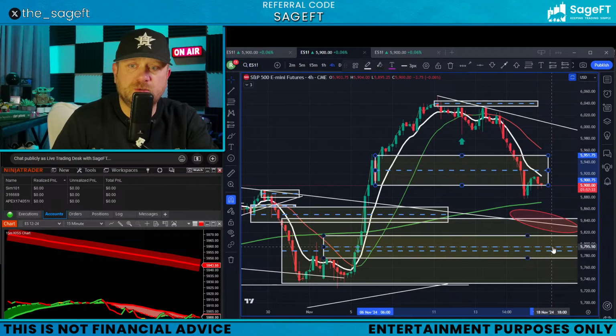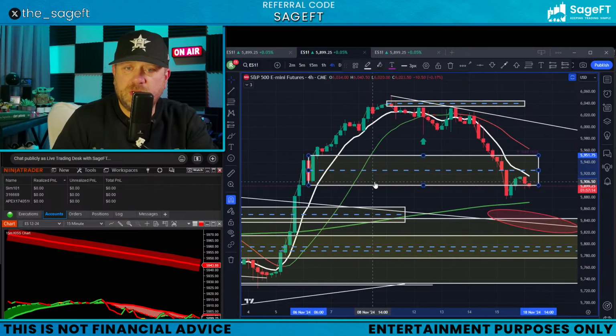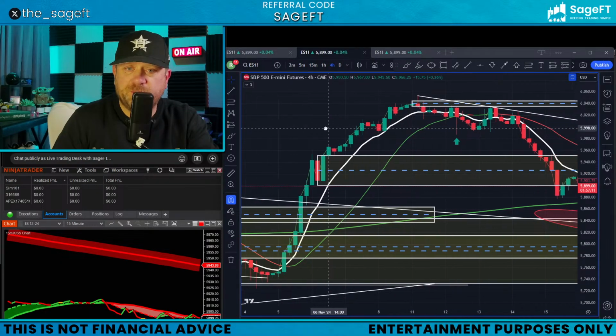We've got 00.75 and 51.75, right? Because it's this little stutter step in the market. We broke through the other ones, but this was the big one. This is where they found support.